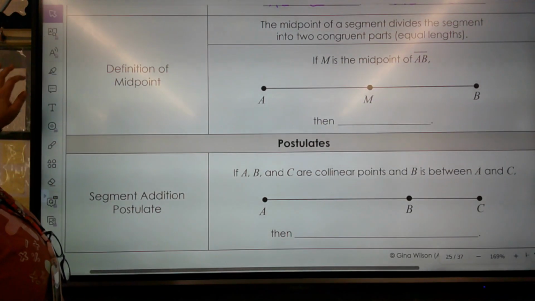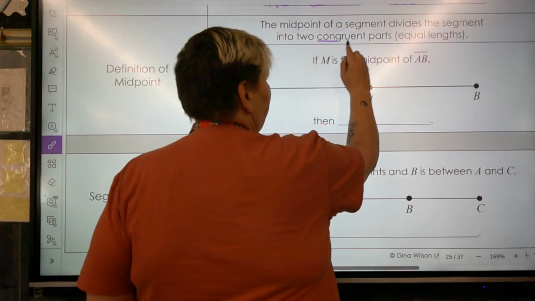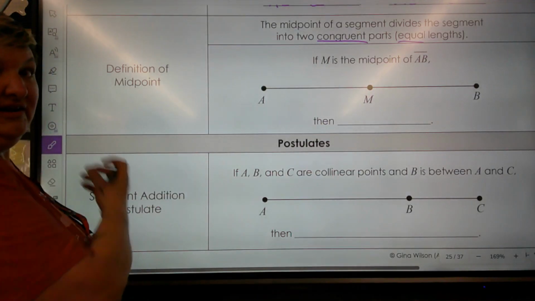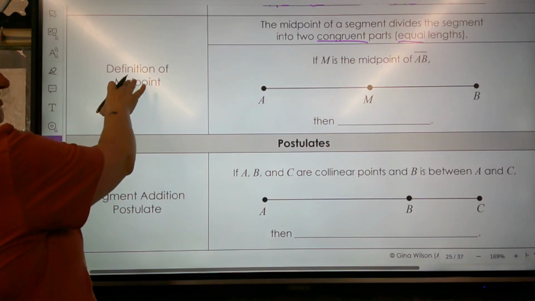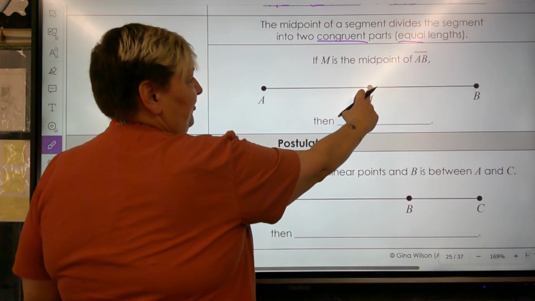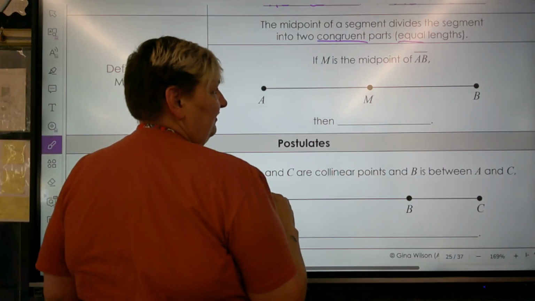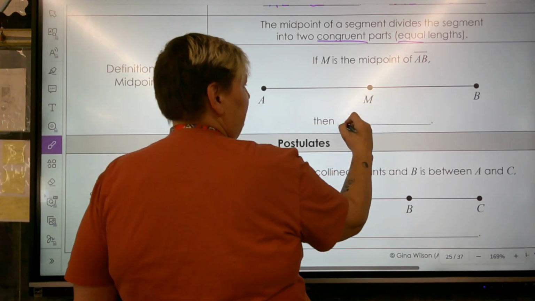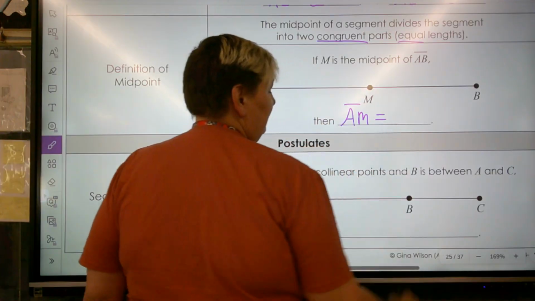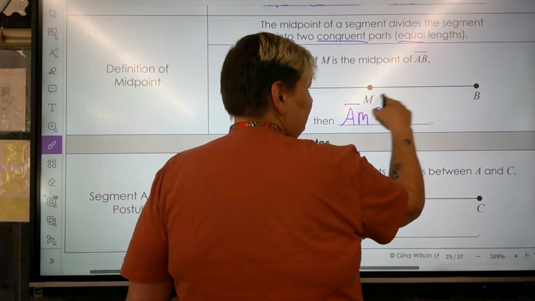The midpoint of a segment divides the segment into two congruent parts, equal. So, the definition of midpoint: if M is the midpoint between A and B, then segment AM is equal or congruent to segment MB.